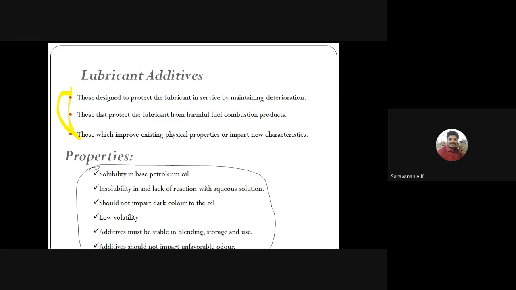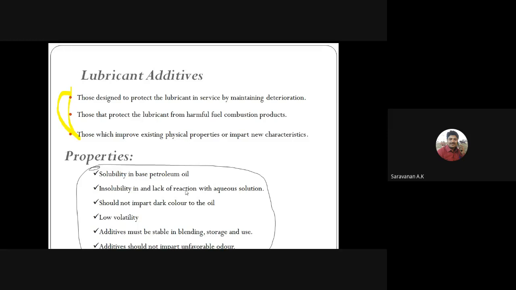So we can get low temperature fluidity, a viscosity index improver, and a lower rate of change of the viscosity with the temperature changes. So these are all the uses of the additives.